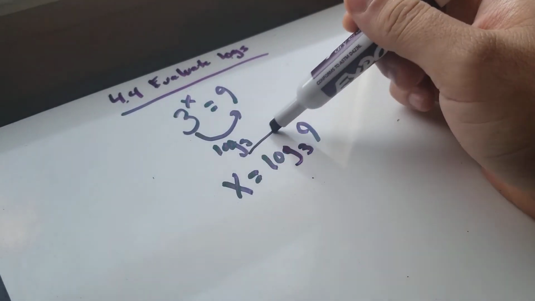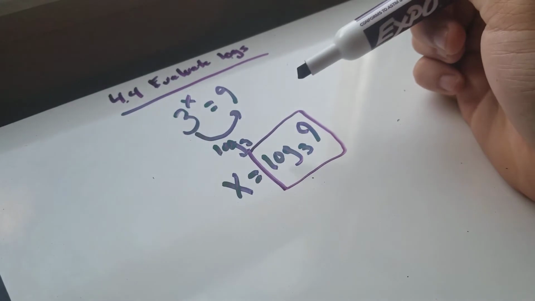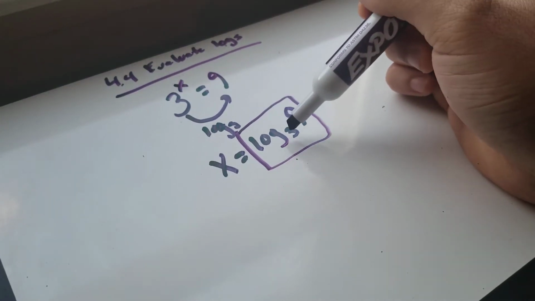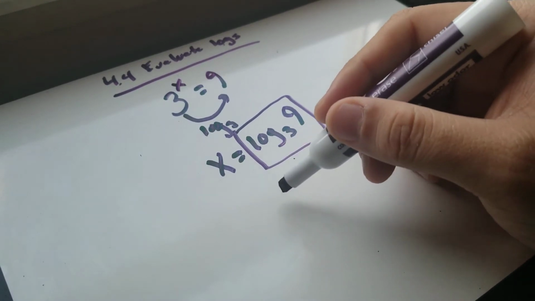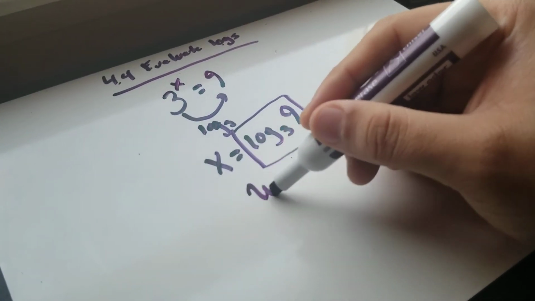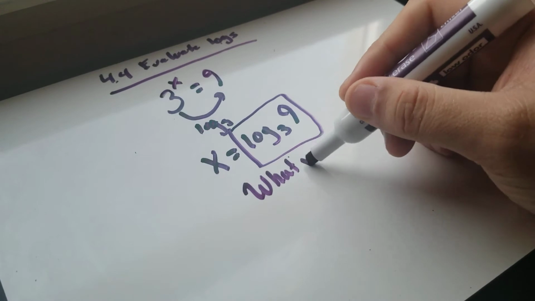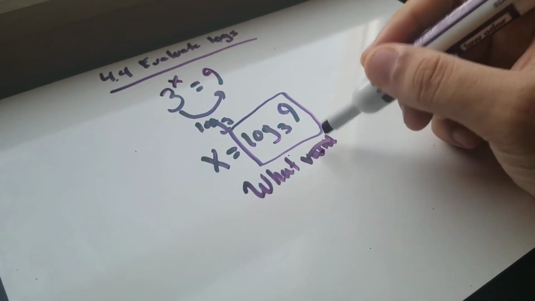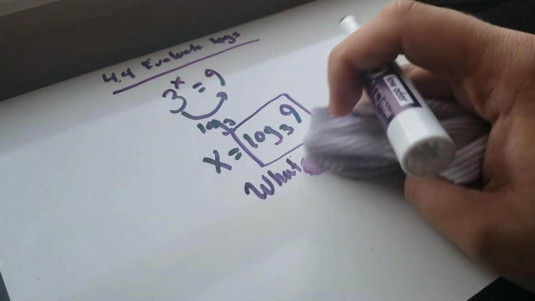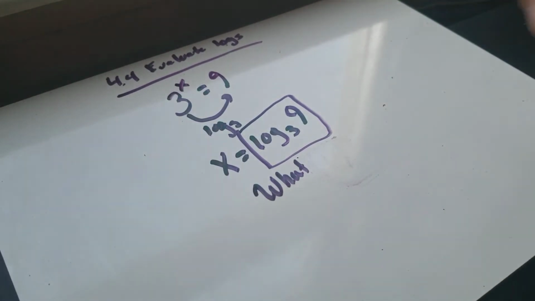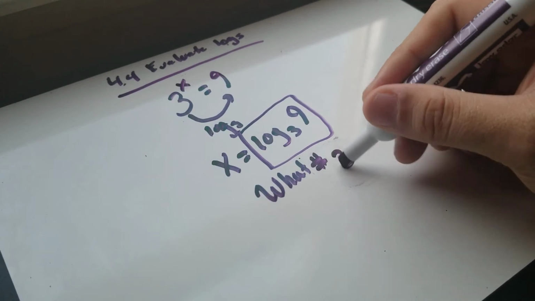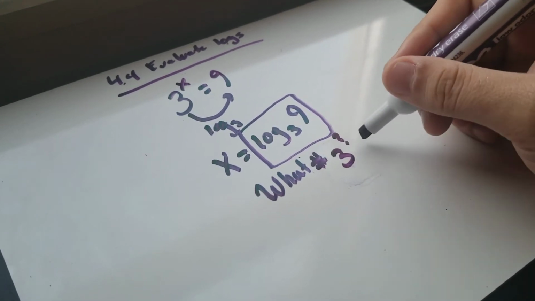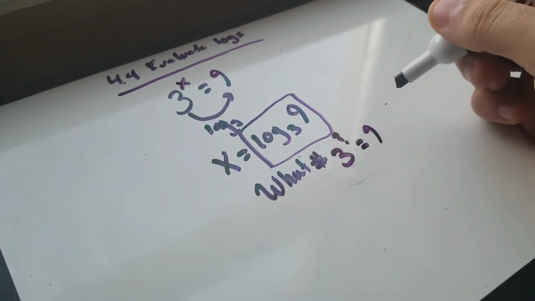So what is log base 3 of 9 asking? What log base 3 of 9 asks is, maybe I'll write this down, what number, 3 to some power gives you 9.